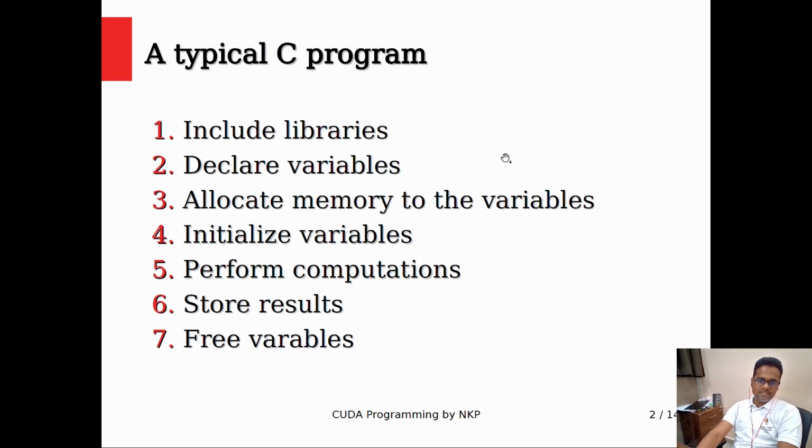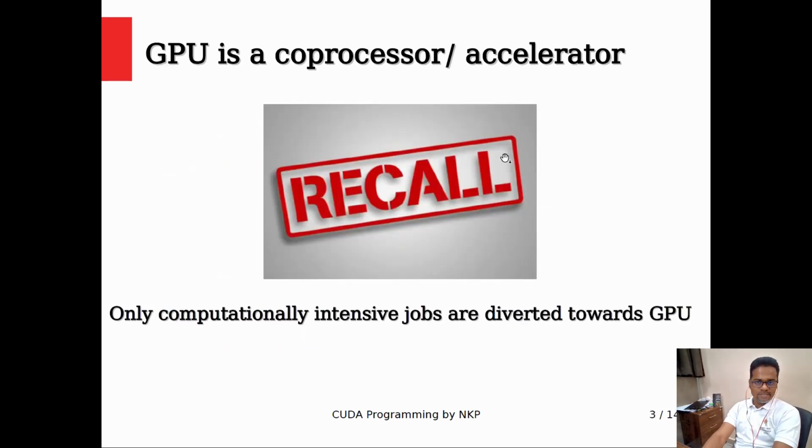Now let's try to recall what we said about the GPU. We said in earlier episodes that the GPU is nothing but a coprocessor or an accelerator. That means it takes only the computationally intensive tasks, and the remaining tasks, which are not very computationally intensive, are executed only on the CPU side.